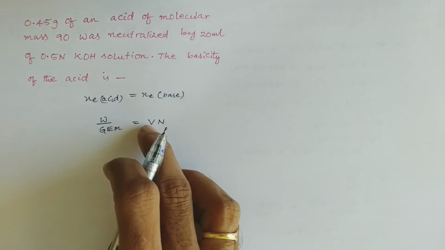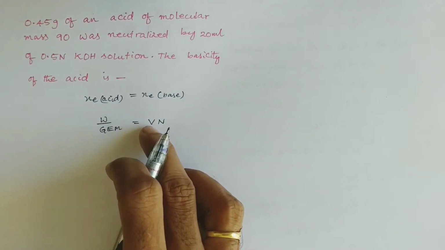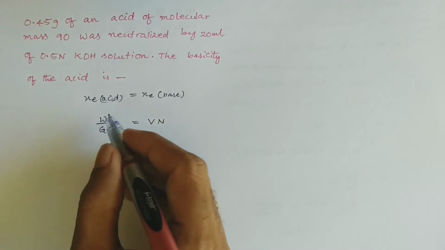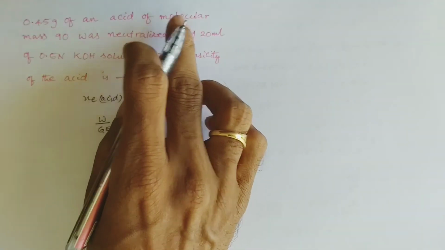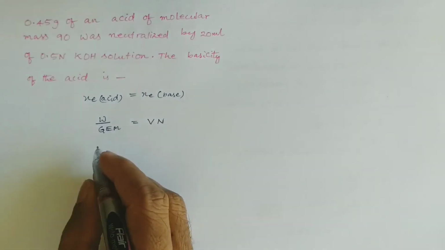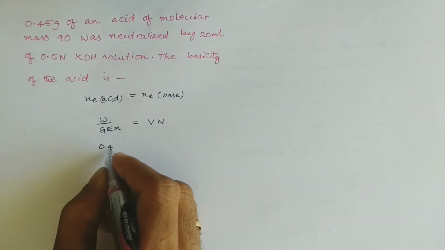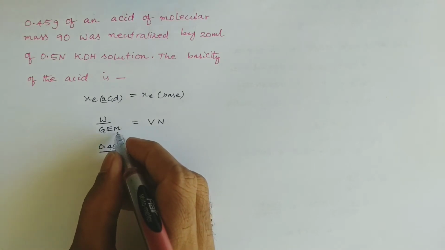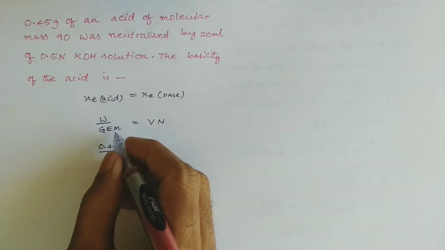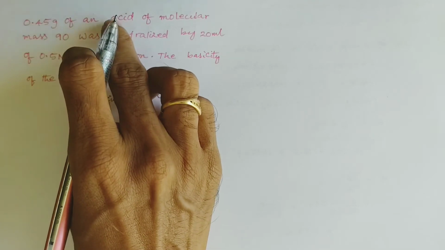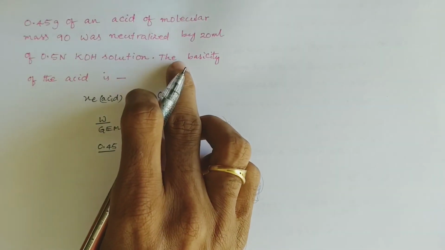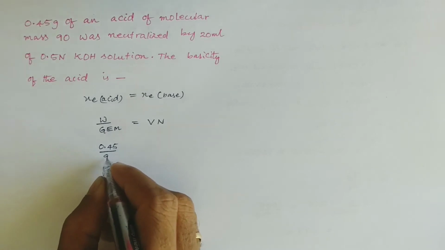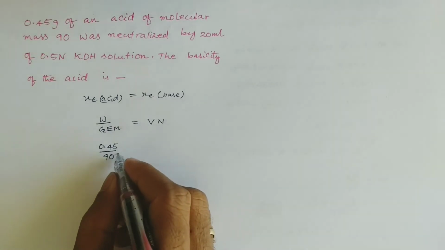Okay, so this is the volume of the base in liters, right? Now, the mass of the acid is 0.45, and gram equivalent mass is equal to gram molar mass by basicity. So that we have to find out. Here gram equivalent mass is equal to gram molar mass divided by basicity.